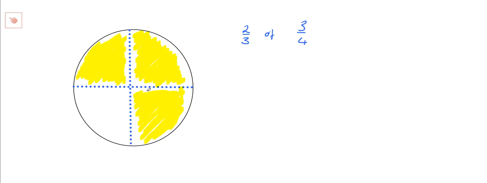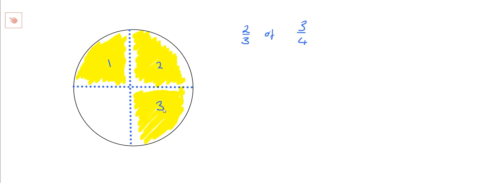But now the 3/4 becomes my whole, everything I've got, and I've got to do 2/3 of it. So my 3/4 needs to be split into how many pieces? 3. Oh, I've got 1, 2, 3 pieces to make 3/4.